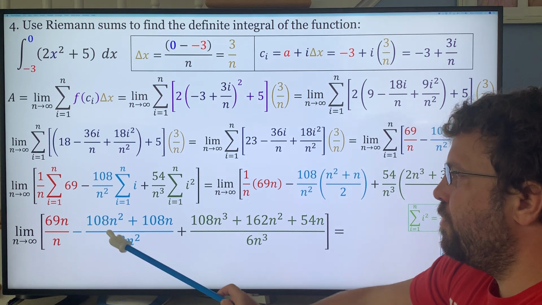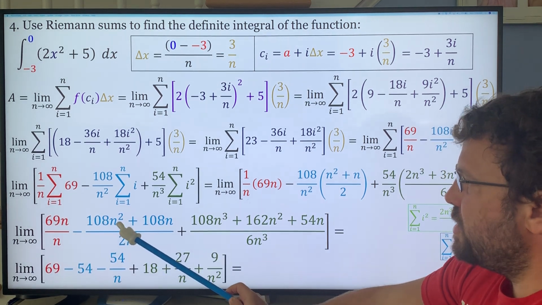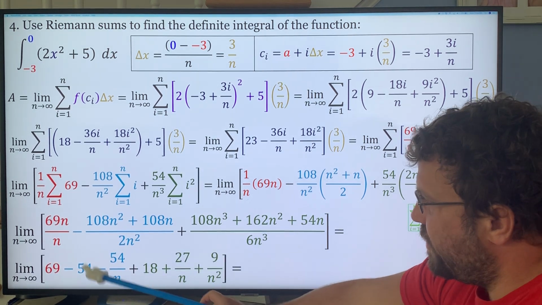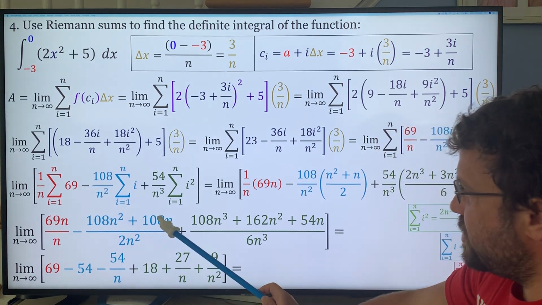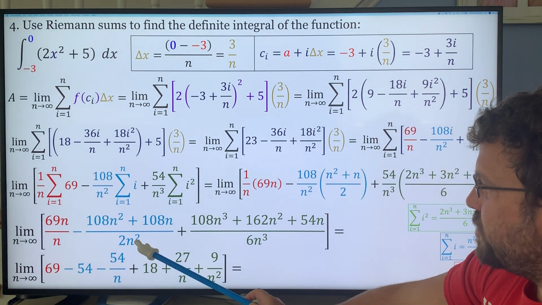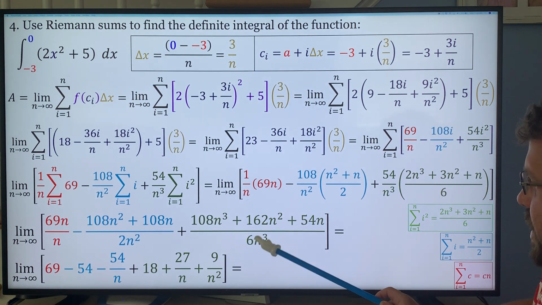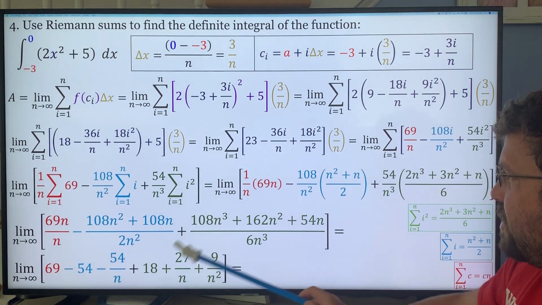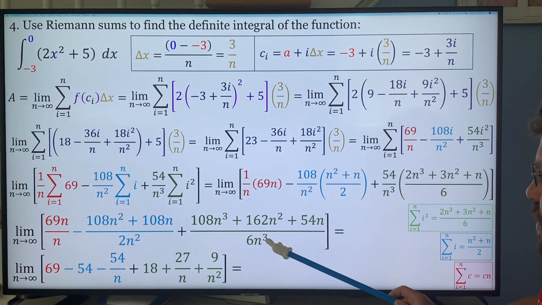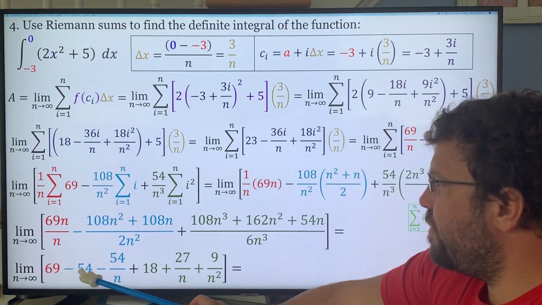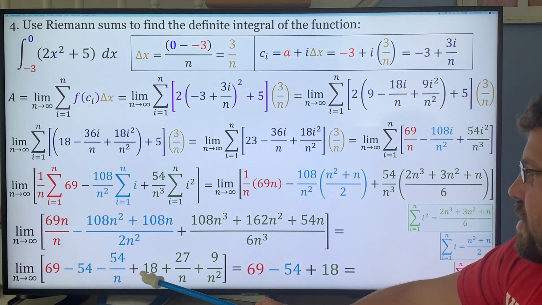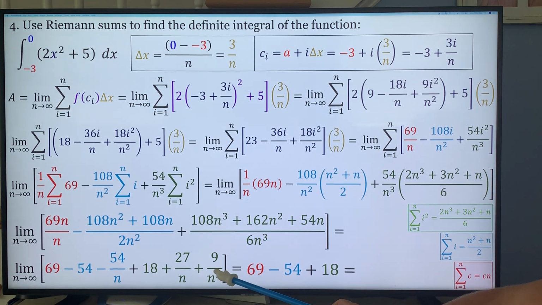69. 108 n squared divided by 2n squared is minus 54. Minus 54 over n, because there's more n's on the bottom. That reduces to 18. The n cubes cancel out. More n's on the bottom, more n's on the bottom. 69 minus 54 minus 0 plus 18 plus 0 plus 0. 33.